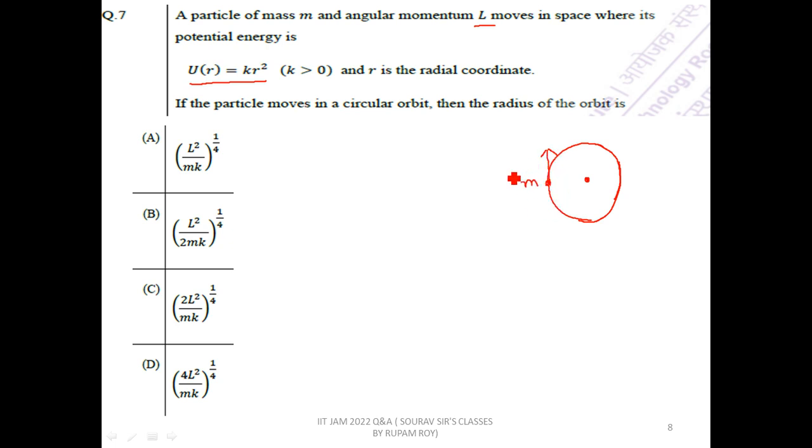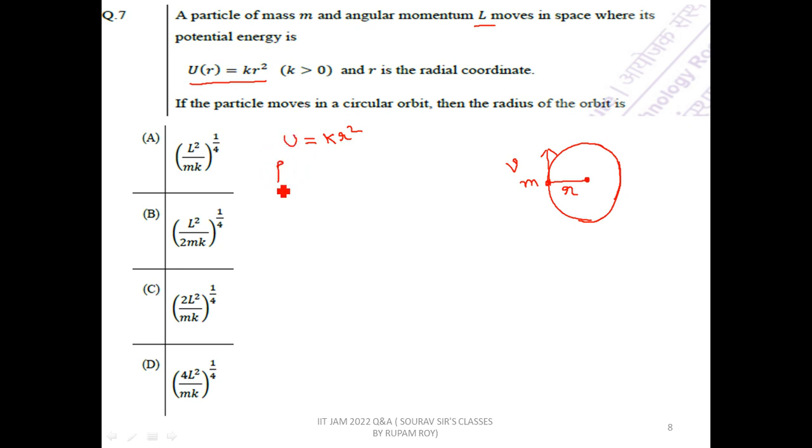m is the mass and v is the velocity of the particle and r is the radius. So here the potential energy is given, U is equal to k r square. From potential energy we can calculate the force.